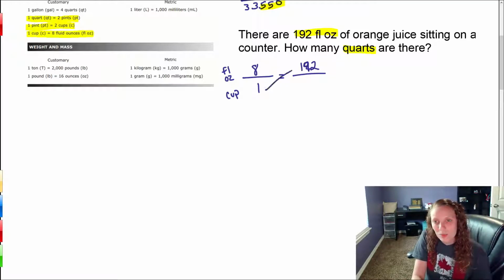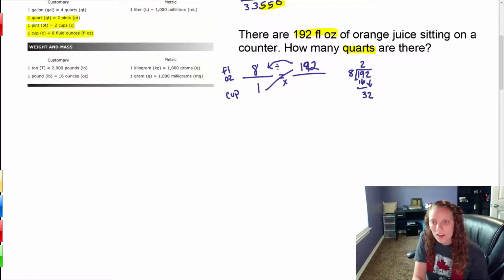Then we crisscross multiply and then divide. 192 times 1 is just 192. So we need to take 192 and divide that by 8. 8 goes into 19 twice, minus 16 is 3, bring down the 2. And 8 goes into 32 4 times. So we are getting 24 cups.